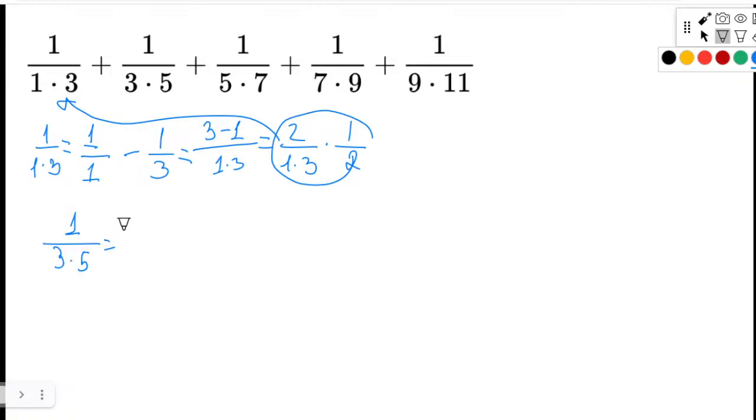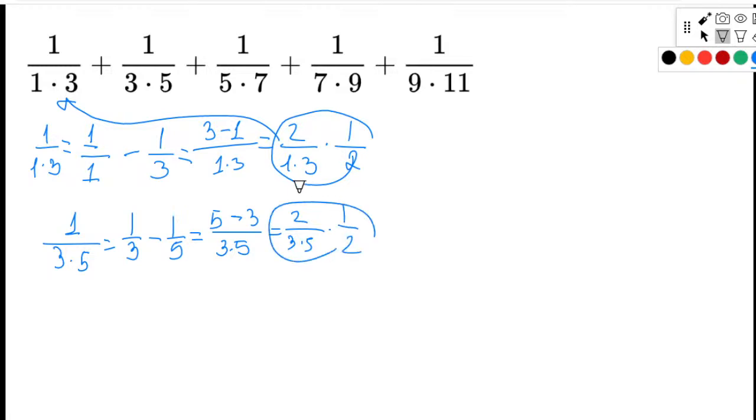1 over 3 minus 1 over 5, the denominator would be 3 multiplied by 5. Here it would be 5 minus 3. Again, we get 2 over 3 multiplied by 5. Again, if we multiply this by 1 over 2, this one would be equal to this one.